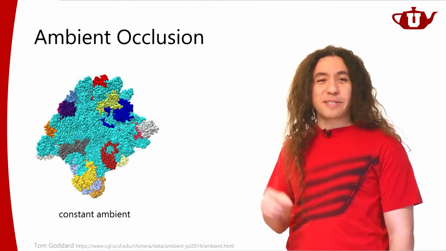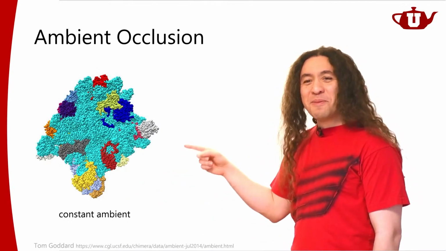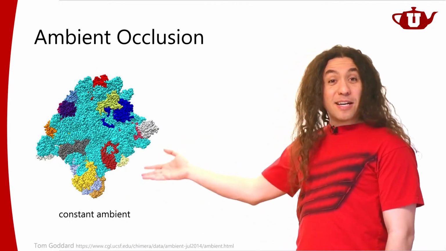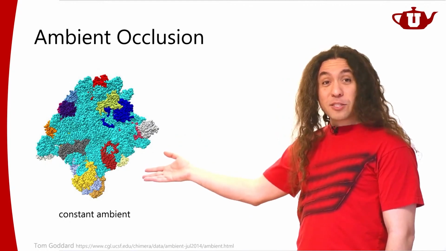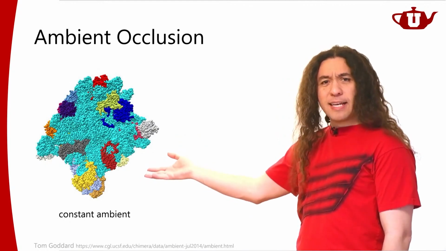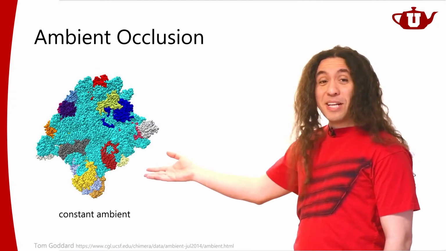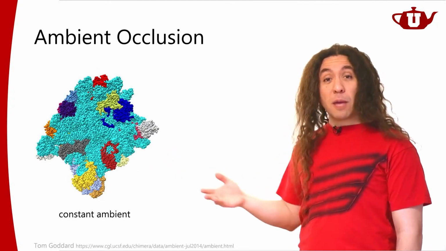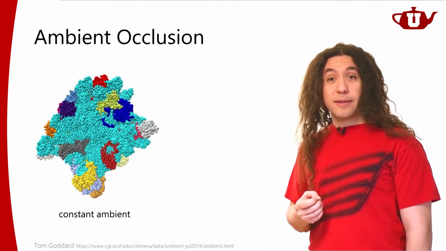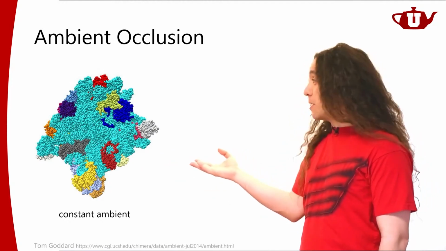I keep saying I didn't render this image. But here we have constant illumination. So it just looks kind of flat, and it's really hard, if possible at all, to tell what this 3D shape actually looks like. It's not something that's familiar to me, so I have no idea.